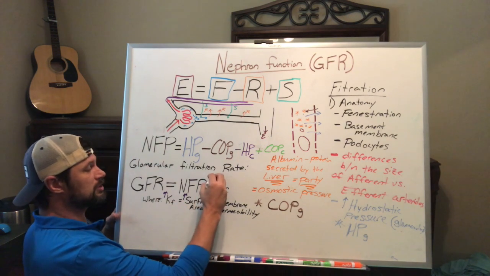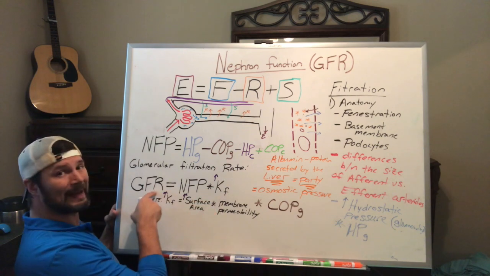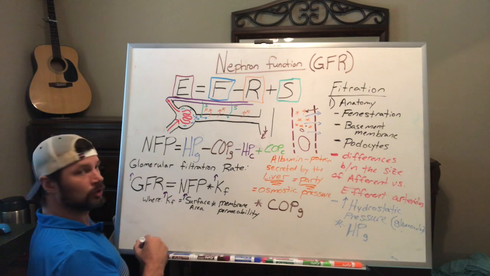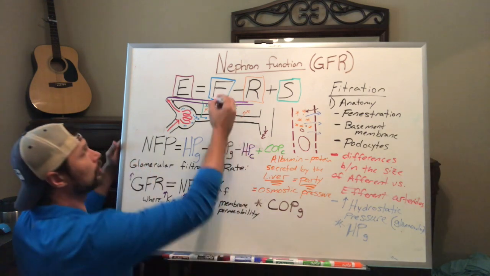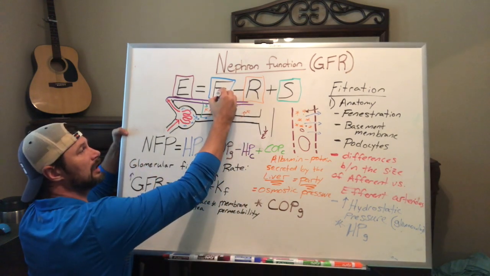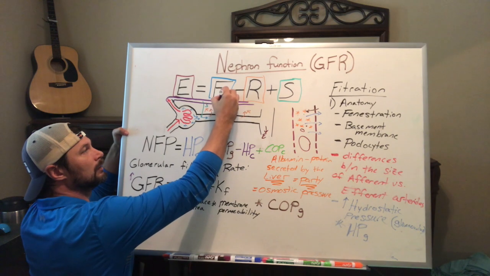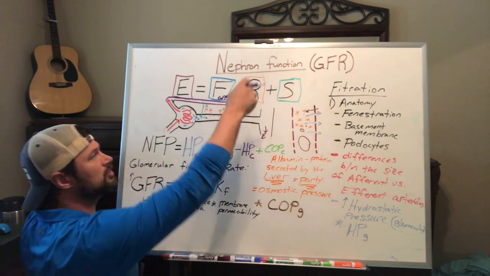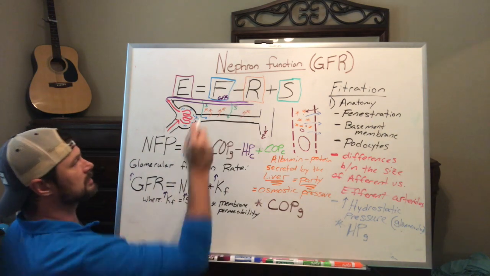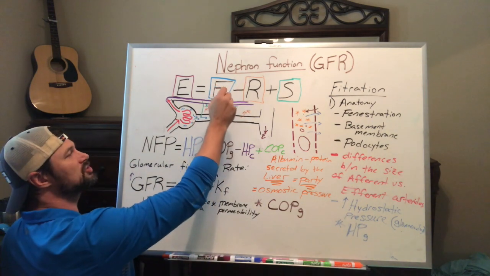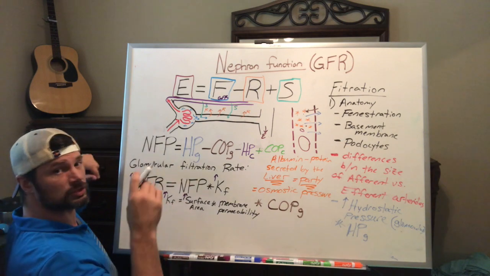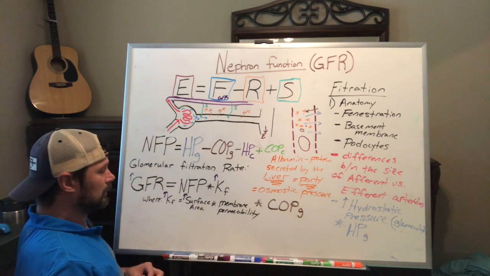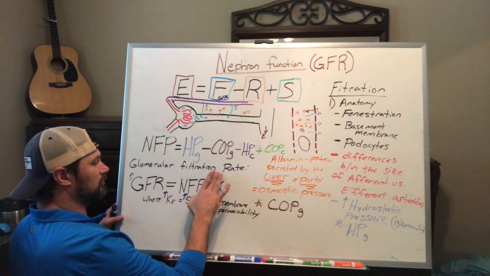And as the filtration coefficient goes up, what happens to GFR? It goes up. And what is GFR? Ultimately, that's what we're looking at up here in this formula. This capital F, the filtration that we've been referring to this entire time, this is GFR. And NFP is just one part of it. The other part of it is the filtration coefficient.